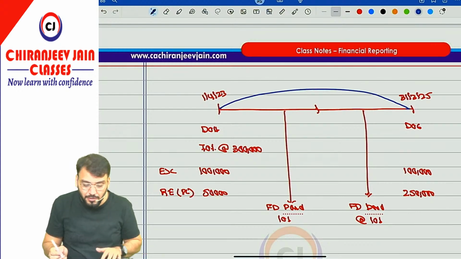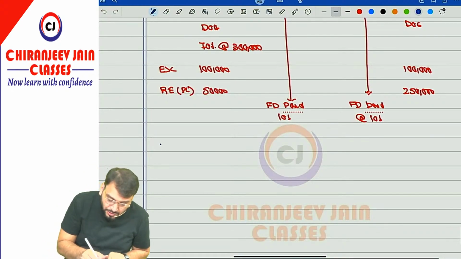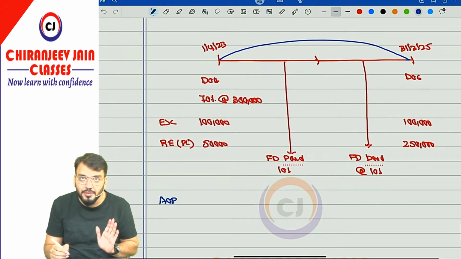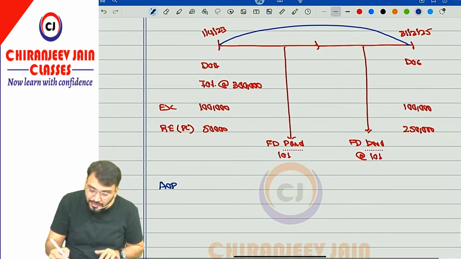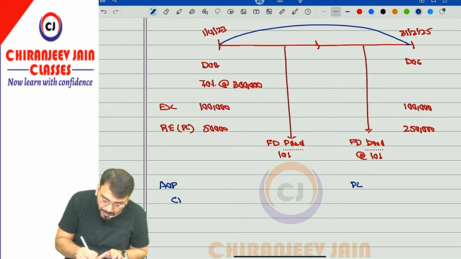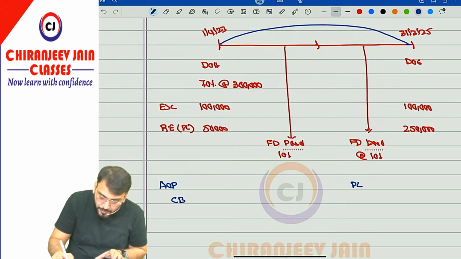Quite possible. Understood? Now, first you will do the analysis of profit. You write down PL or retained earnings. Closing balance: how much? It is 2,50,000.